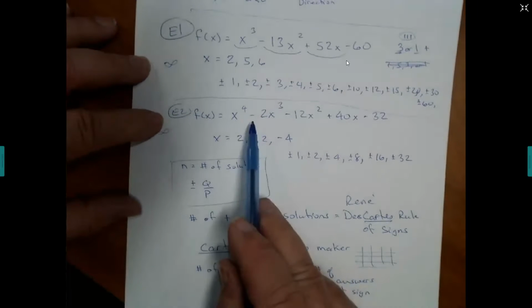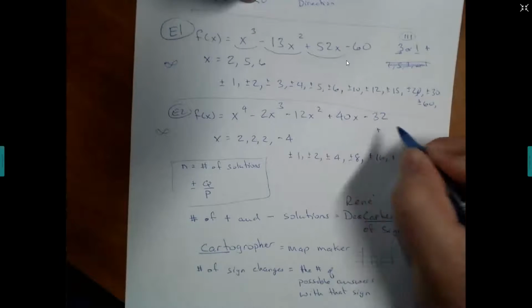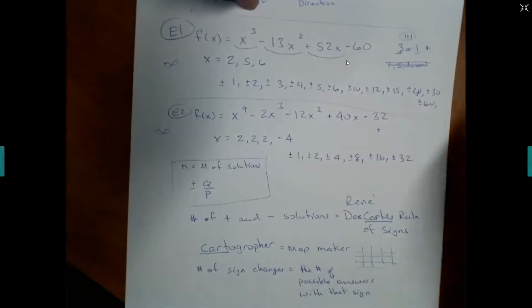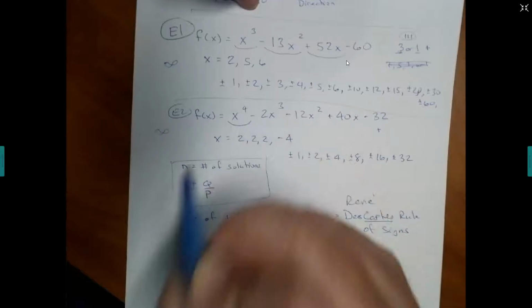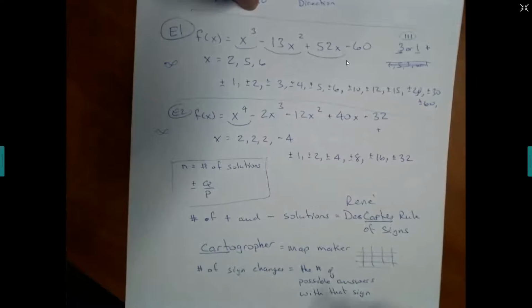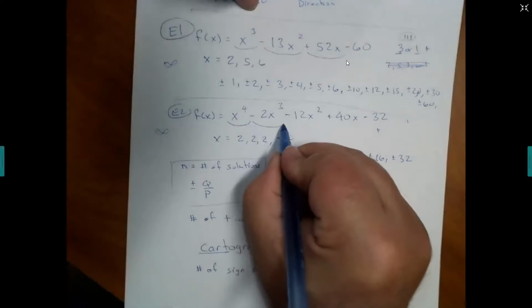How about this one? How many positive answers are we going to get there? From positive to negative, that's 1 sign change. From negative to negative, is that a sign change?